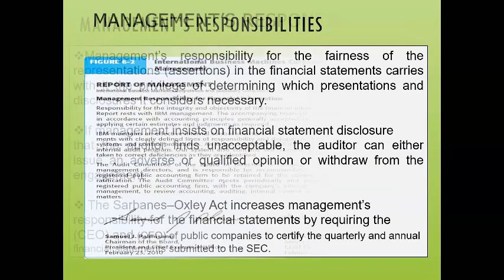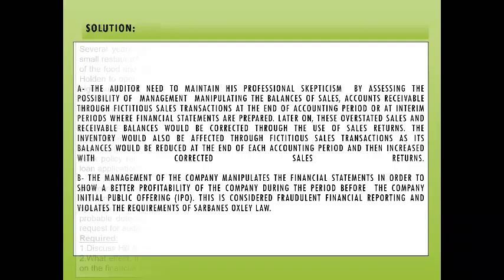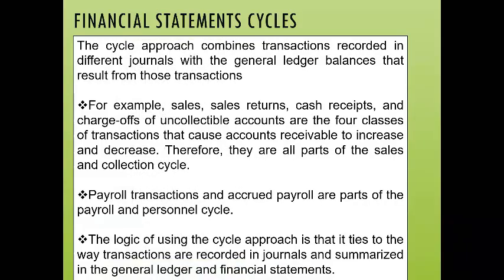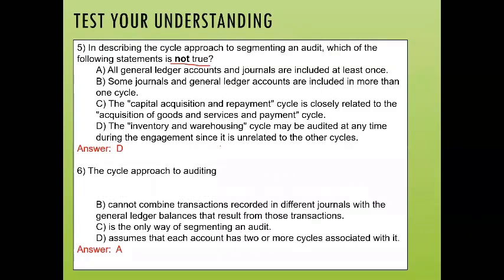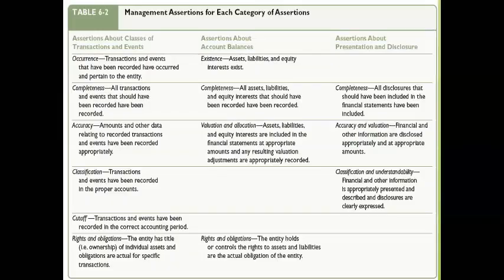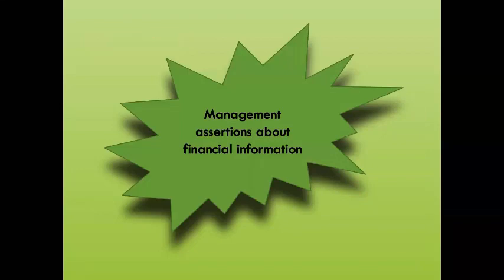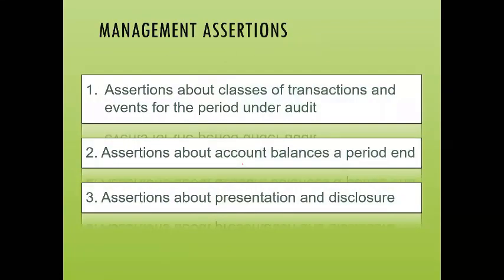I said before that management assertions are specific criteria or specific facts that the management must take into consideration in order to prepare the financial statement. This is why he is saying that step 3 is management assertions about financial information.